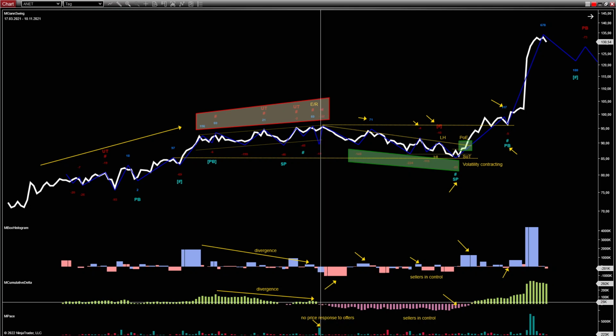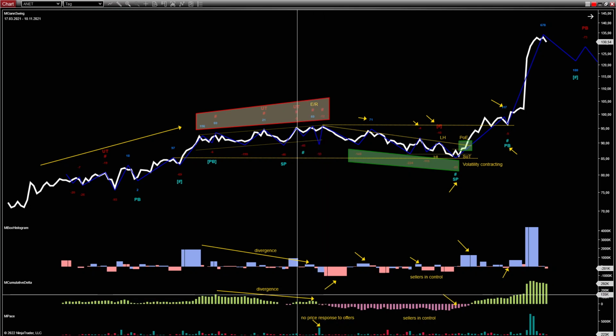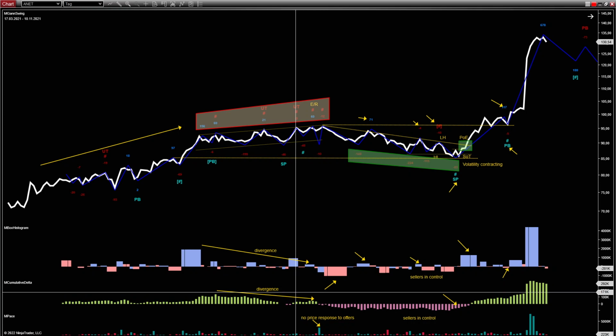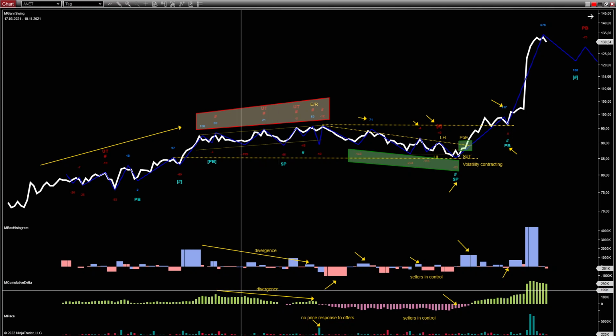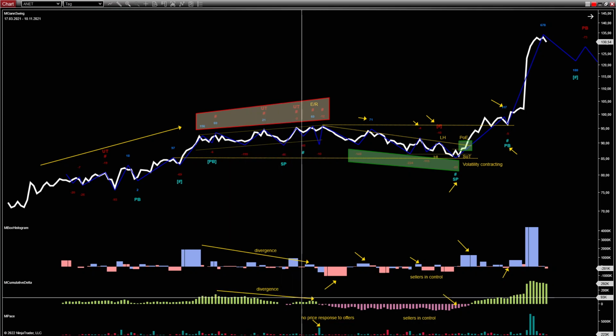This same analysis is again supported by the M cumulative delta, which is also getting weaker and weaker with further price progress.